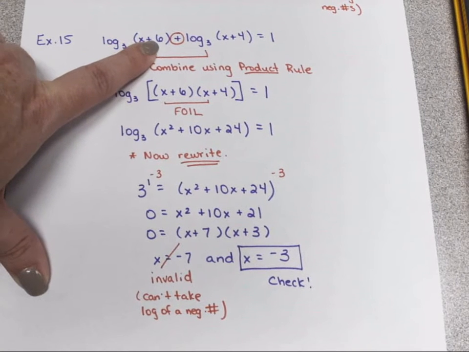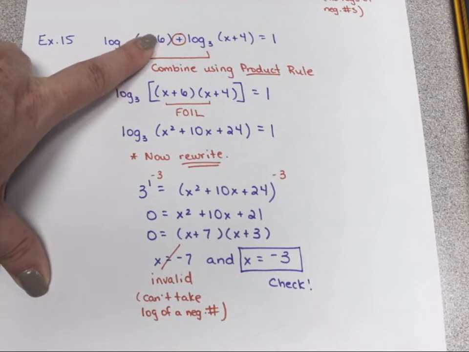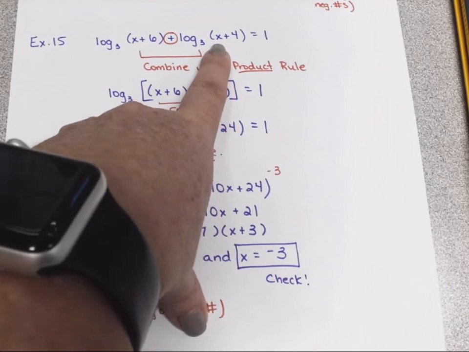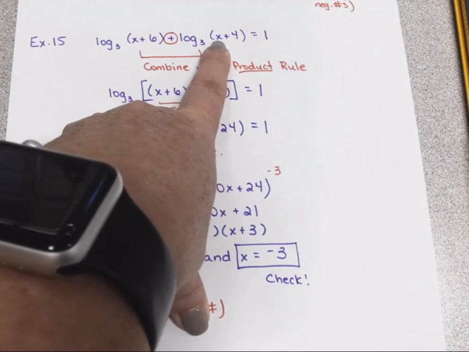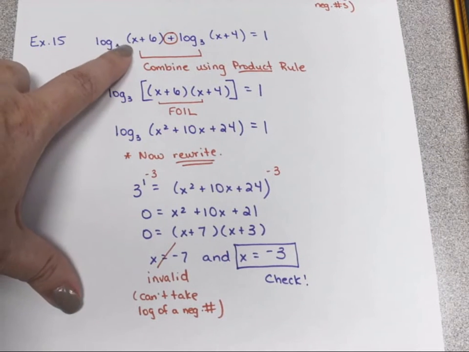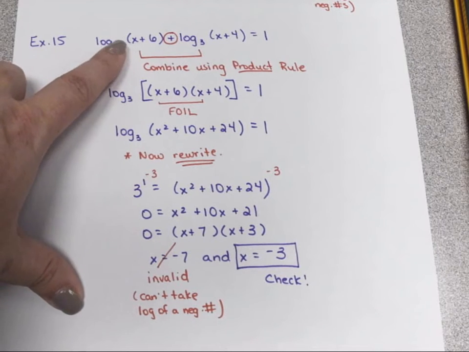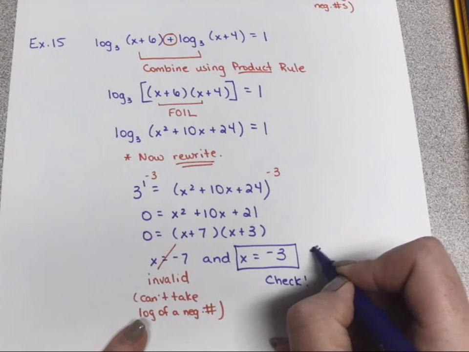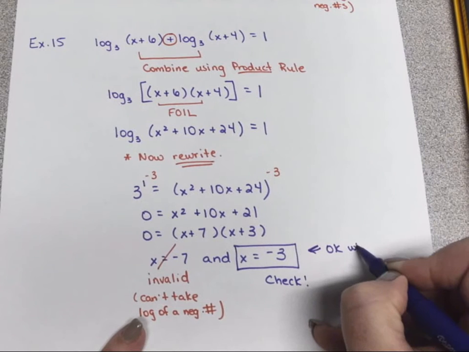It's not a negative, right? It's just 3, and that's fine, right? I can take the log of a positive number. If you plug in -3 here, you get 1, and that's also fine, right? So it's not the fact that it's negative that kicks it out, it's what? When you plug it in, if the log is negative that kicks it out, okay? So this one is okay when plugged in.